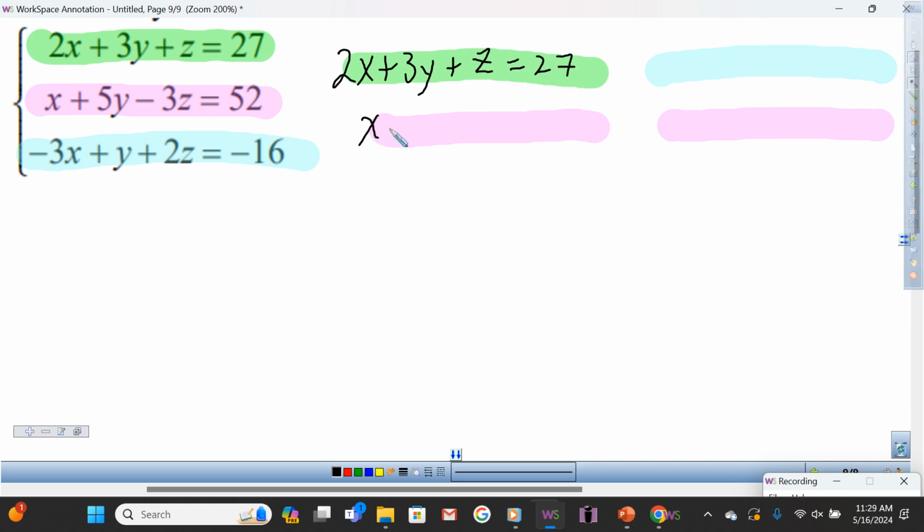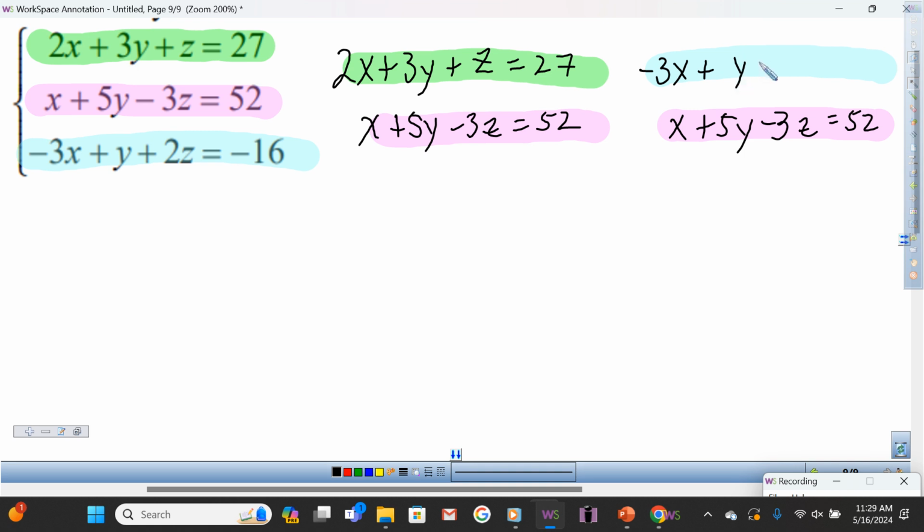The pink one is x plus 5y minus 3z equals 52. I'm going to write the pink one again since it's the same, x plus 5y minus 3z equals 52. And the blue one is negative 3x plus y plus 2z equals negative 16.